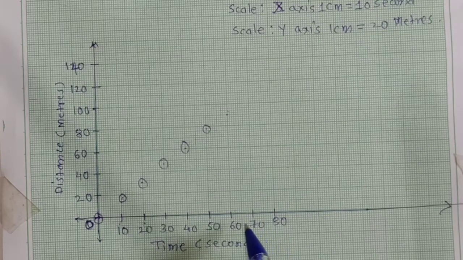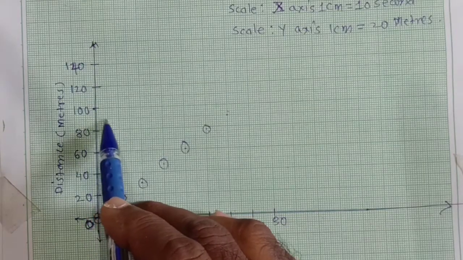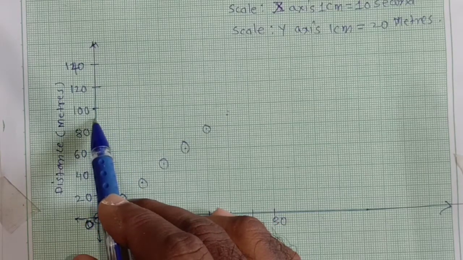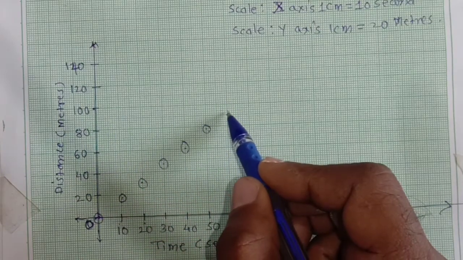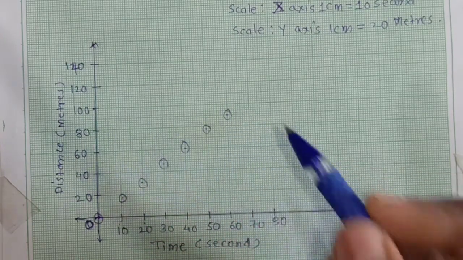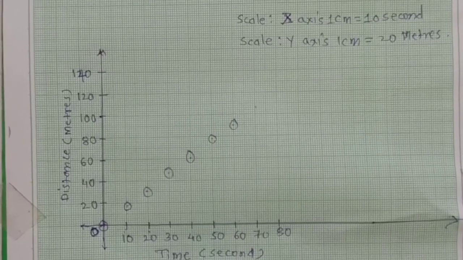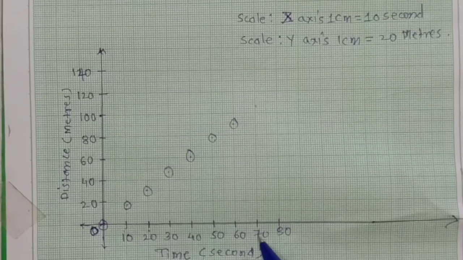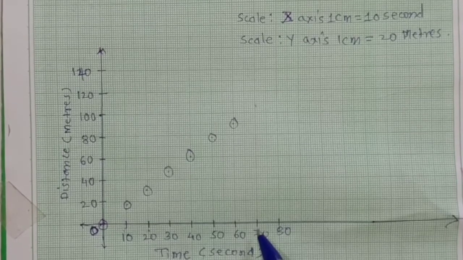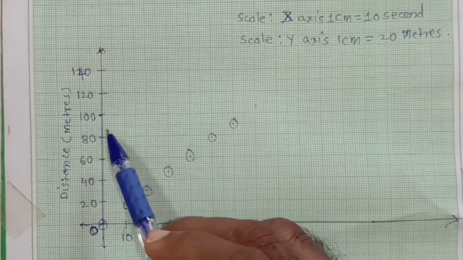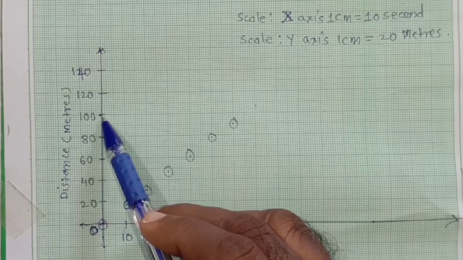Then time is 60 second on x-axis and distance is 90 meter on y-axis. So fifth line from the 80 meters. Here is our seventh point. Eighth point, time is 70 second on x-axis and distance is 105 meters on y-axis.